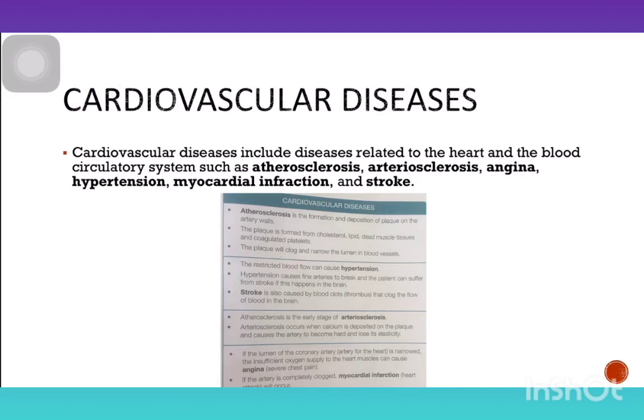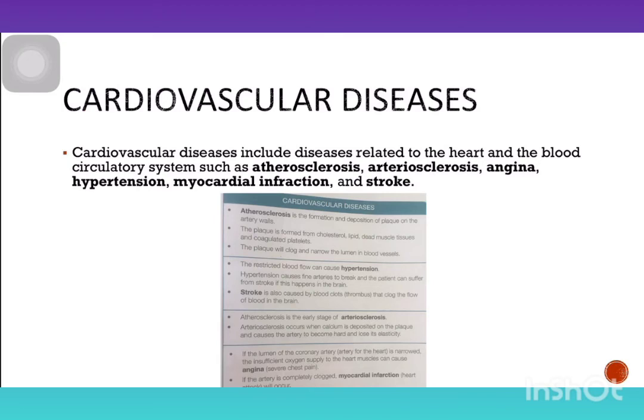It always helps the blood to flow to the heart and to the brain. So the diseases are atherosclerosis, arteriosclerosis, angina, hypertension, myocardial infarction, and stroke. Arteriosclerosis is the later phase of atherosclerosis.